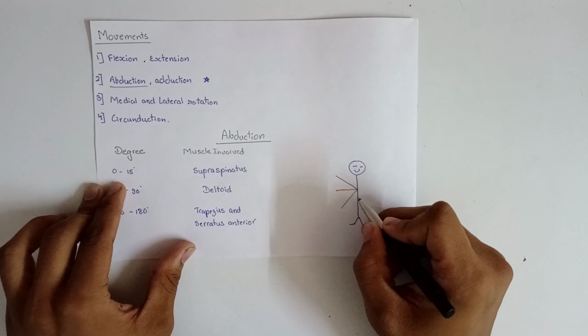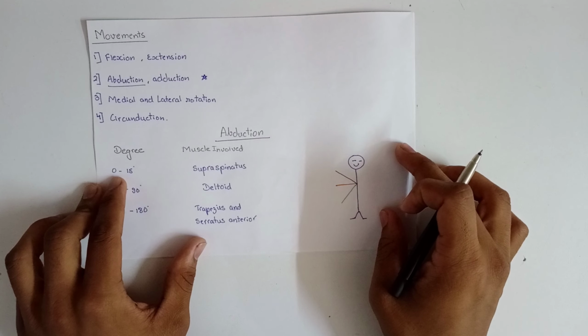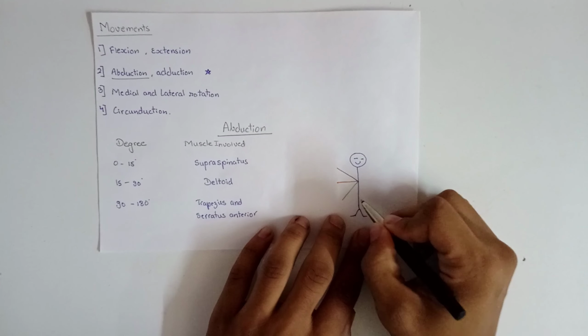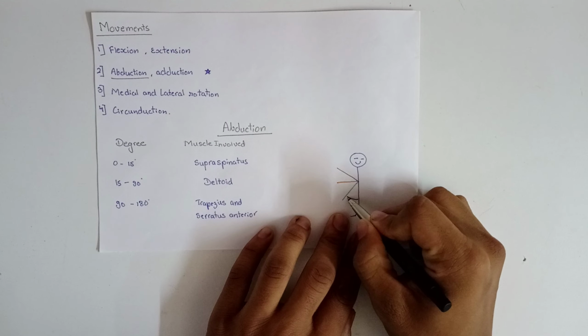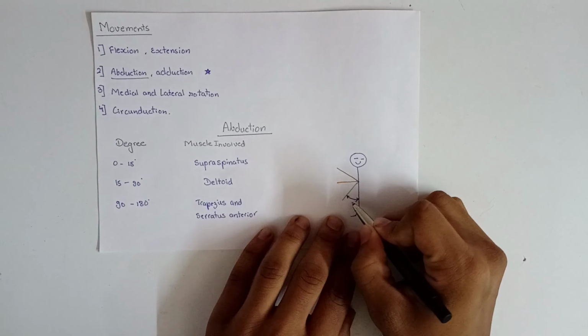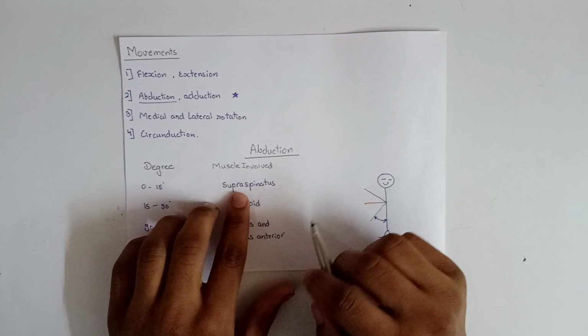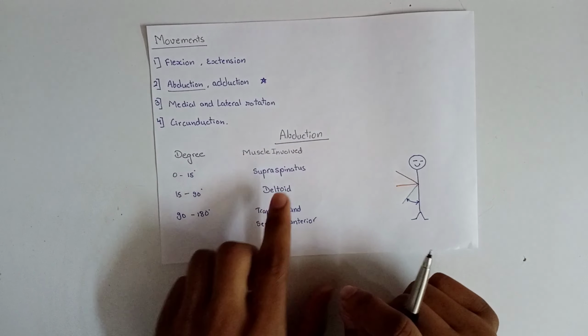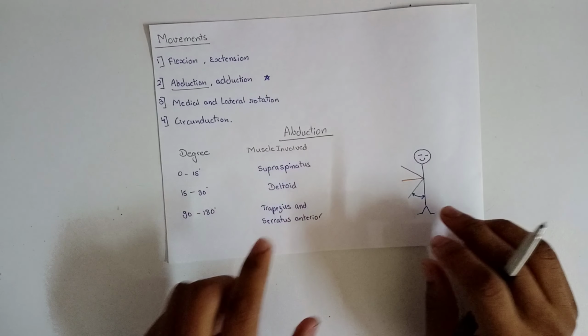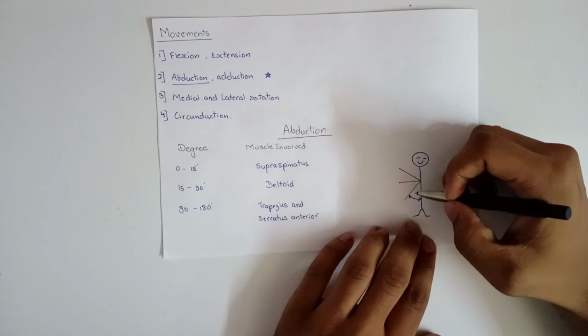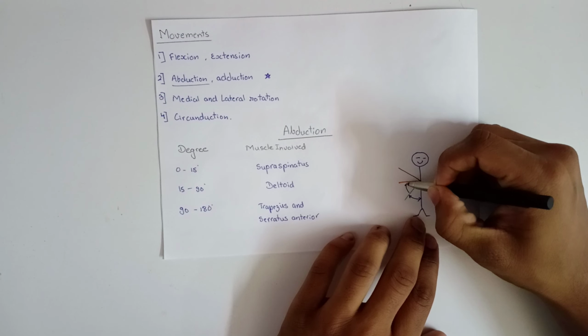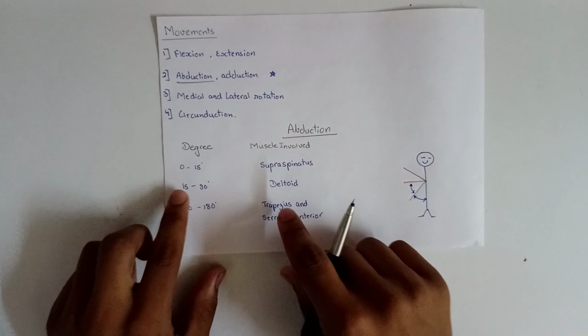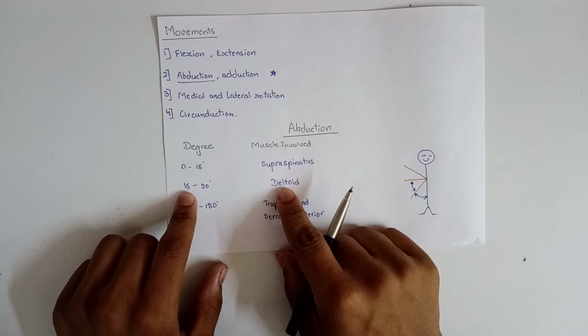So when the arm is abducted from 0 to 15 degree, the muscle involved is supraspinatus. From 15 to 90 degree, the muscle involved is deltoid muscle.